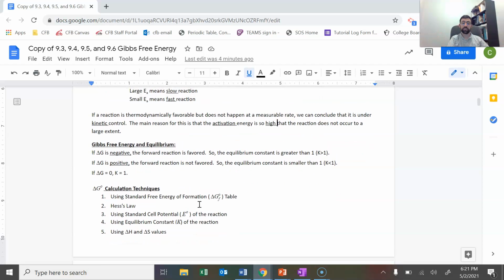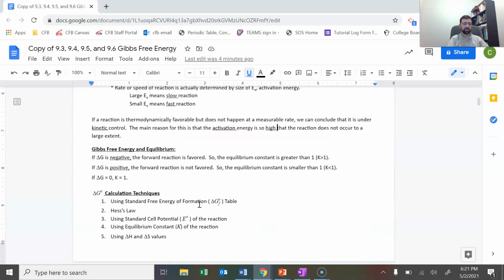Calculation techniques that we're going to learn to use, and we'll go through these in a little bit more detail later on, but we'll be using standard free energy of formation from a table. Okay. Hess's law, we learned about Hess's law with enthalpy. We're going to bring that back in with delta G. Using standard cell potential, and that's something we actually briefly talked about when we figured out how to do that with redox reactions, combining redox reactions together in order to get a voltage or a cell potential.